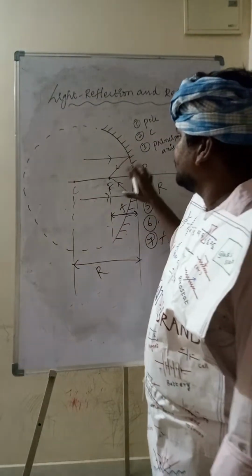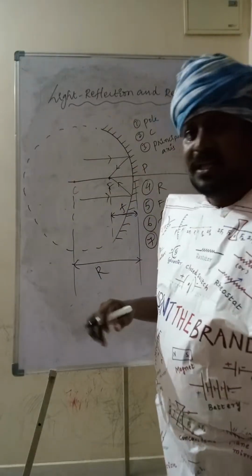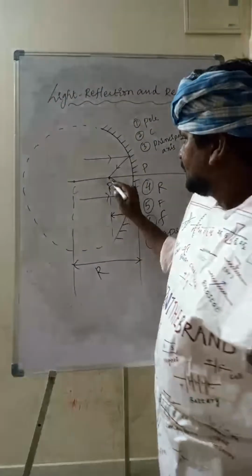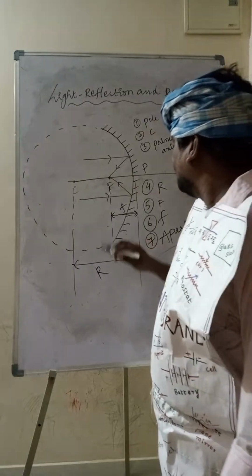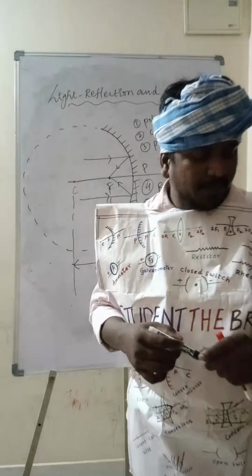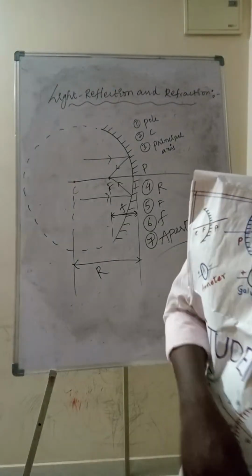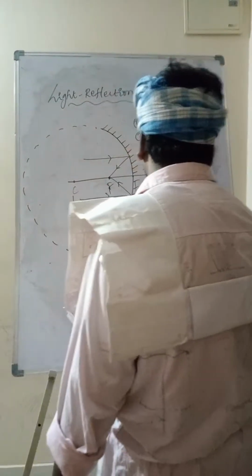The point where reflected rays meet on the principal axis is the focus. The distance between focus and pole is the focal length. The width of the reflecting surface is the aperture. That is about terms related to spherical mirror.